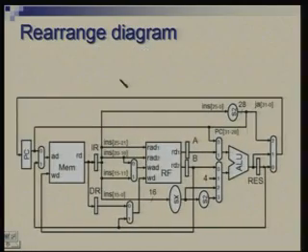Okay. So, we will go into details of control signals. Basically, now we have lots of multiplexers. We have 1, 2, 3, 4, 5, 6 multiplexers there which require control, and multiplexers like this one will require 2 bits to control them.